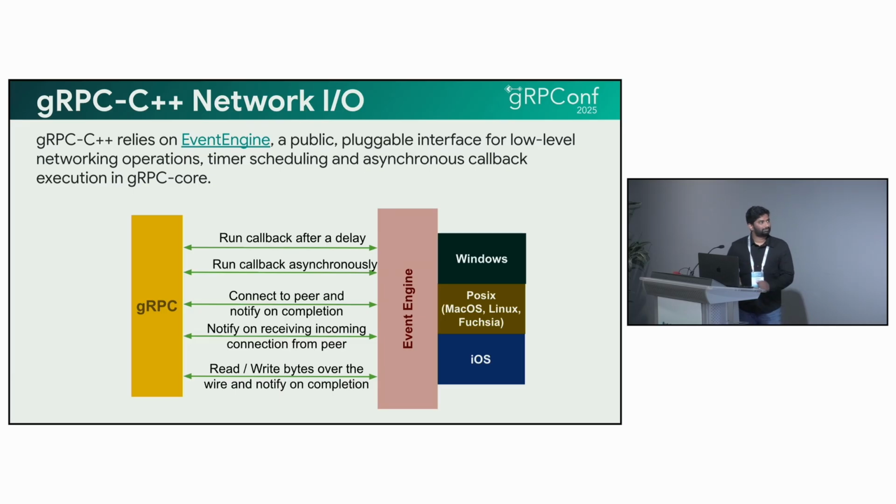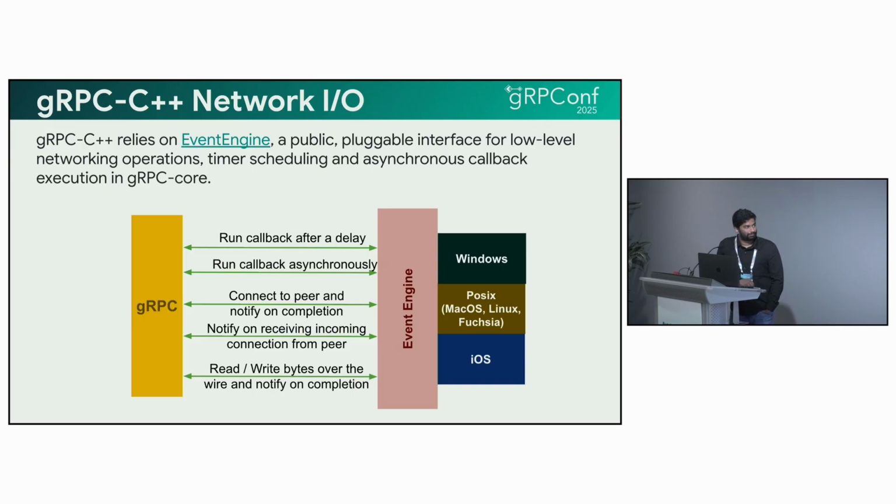Before going deep into the talk, I'll cover some internals that come in handy. At a high level, gRPC C++ relies on something called event engine, which is an internal abstraction layer. It is used to manage transfer of bytes between the client and server.